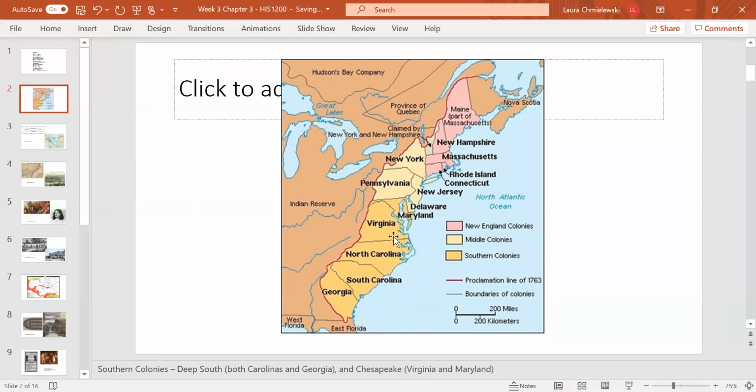And you can see them there. They're all in this dark orange clump here, but we've just broken them out a little bit further because their colonial stories are different. So it's way easier to talk about them in terms of regions.